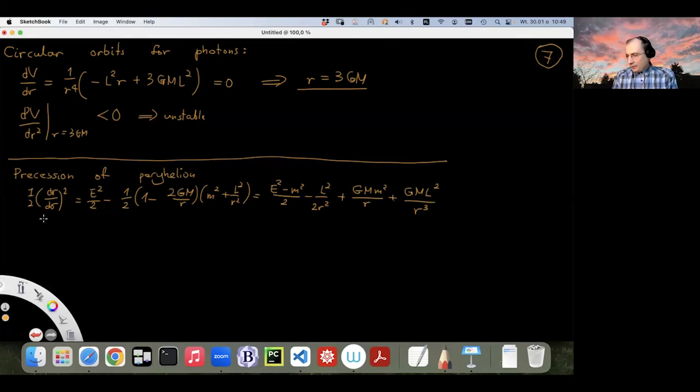And we also know that L, the angular momentum, is r squared dφ/dσ.